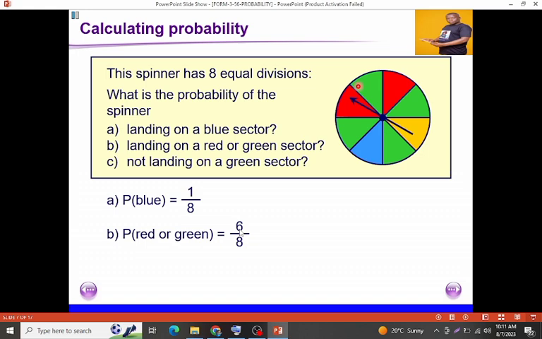So 6 over 8. There is a number that is common to both, and that is a 2.